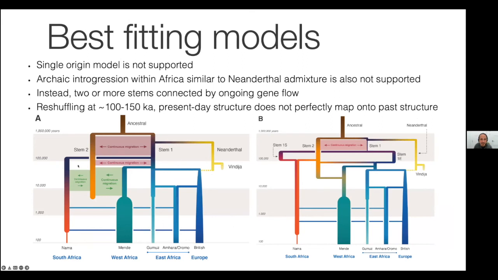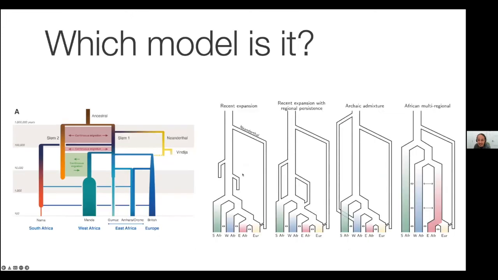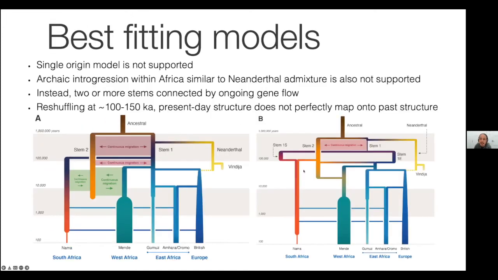If you take a cut here, these two models below are pretty consistent. You can see there are some differences in how these migrations are represented into the Mende here. Here we have a single event of admixture, whereas here you have continuous migration. This is a consequence of us parameterizing our models in different ways and assessing robustness, but this is fairly consistent.